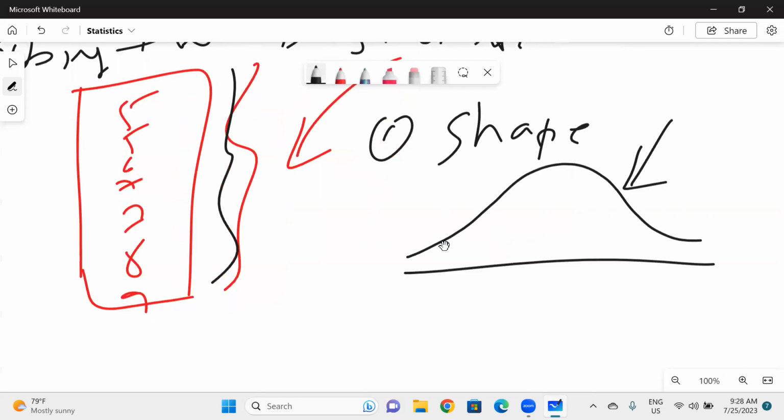That means the mean, median, mode values are exactly the same. When the mean, median, mode are the same, and the left side shape and right side shape are equal, then we call this kind of distribution symmetrical.